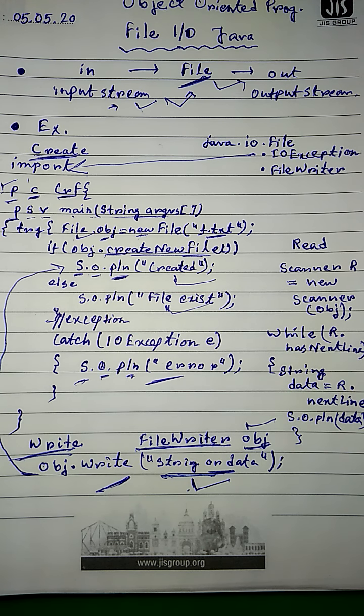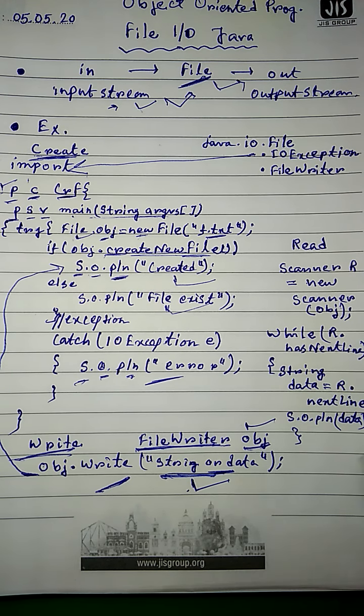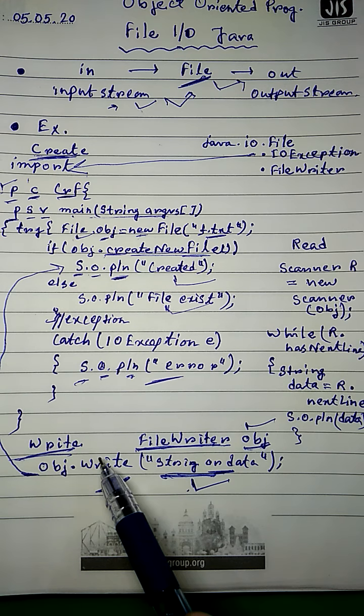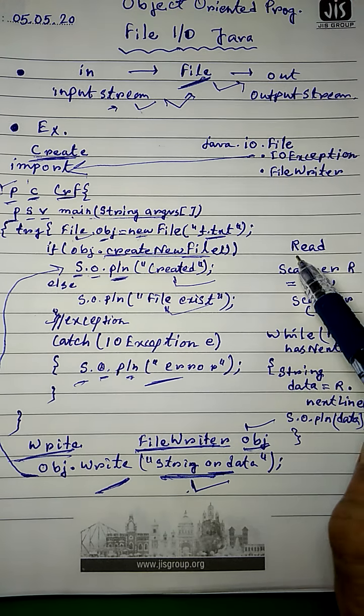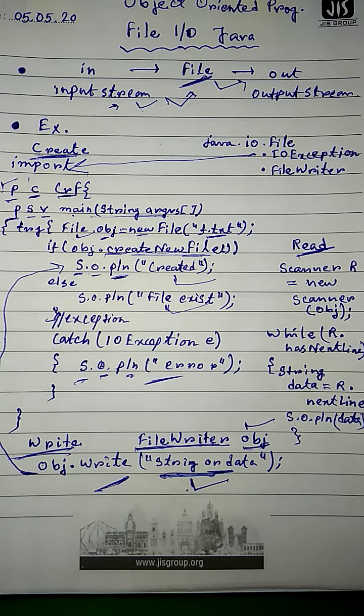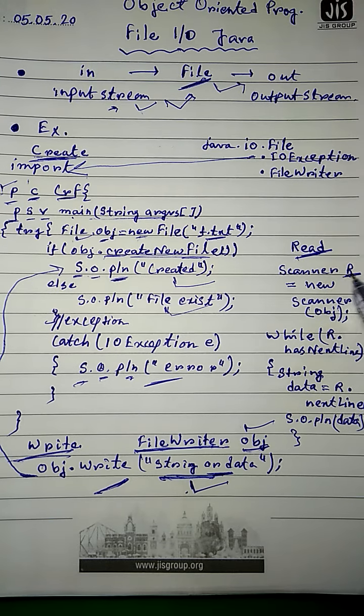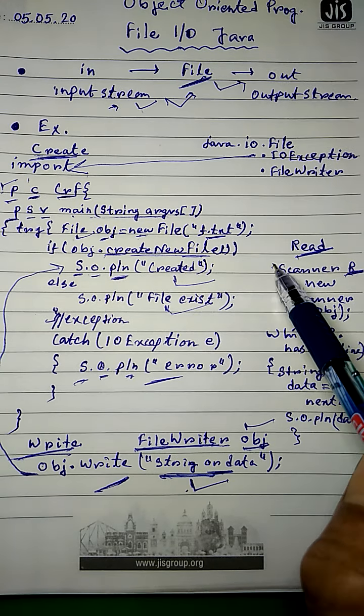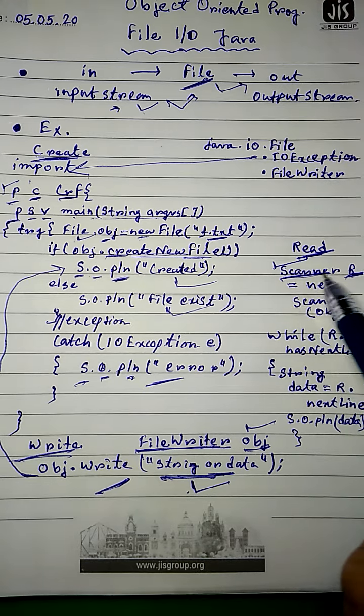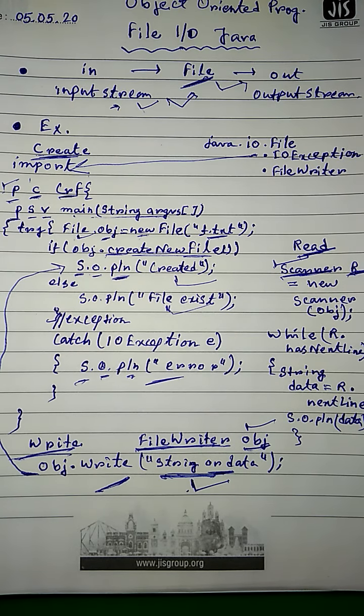Clear? Now you need to read that file. You have to create an object R, and the class is the Scanner class. The Scanner class is basically used to read or input data. Here you have used it to read.